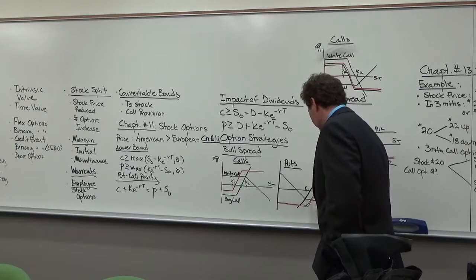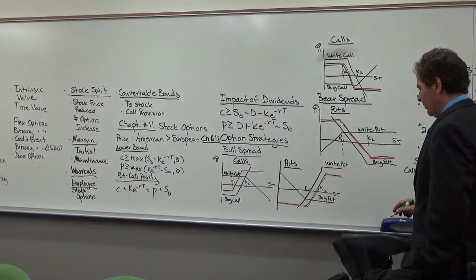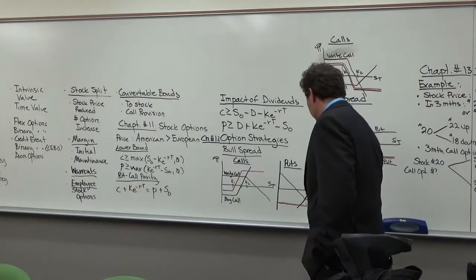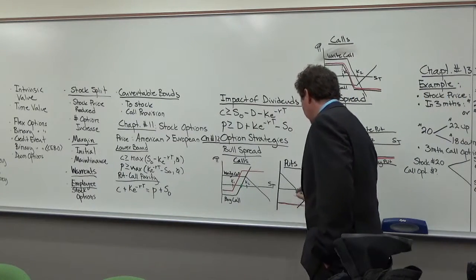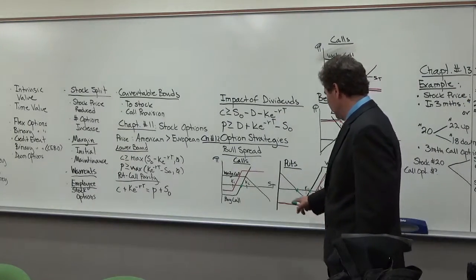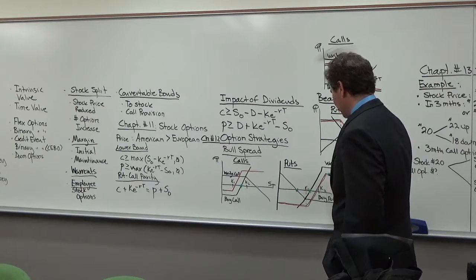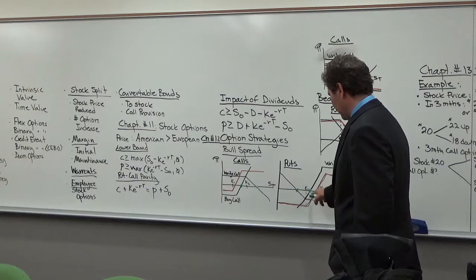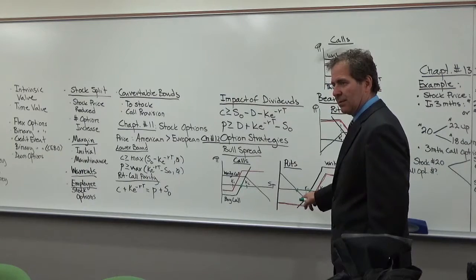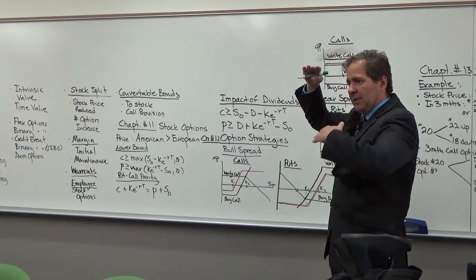So here's your break even there, and your break even there. What it does is it truncates and then caps the amount of in the money that you can be on these trades. So it basically sets a high and a low.